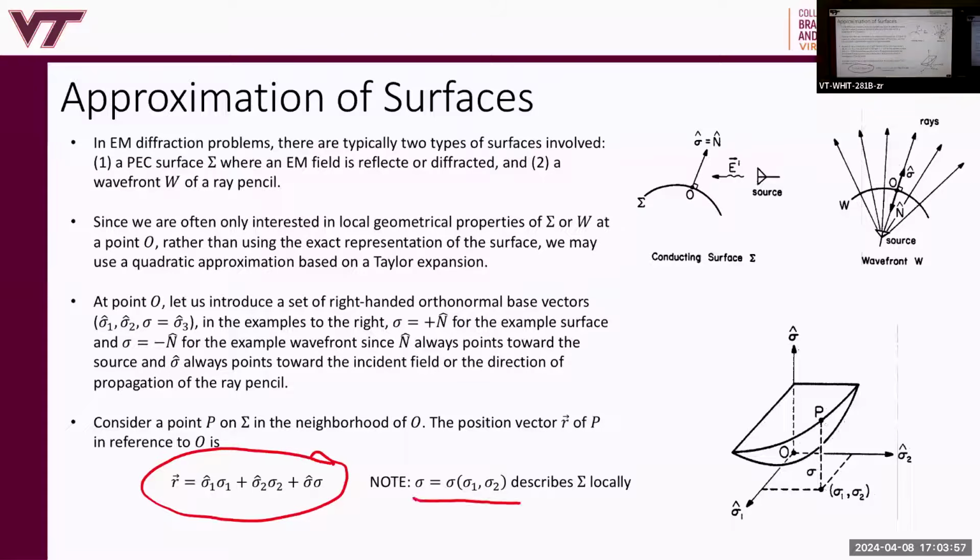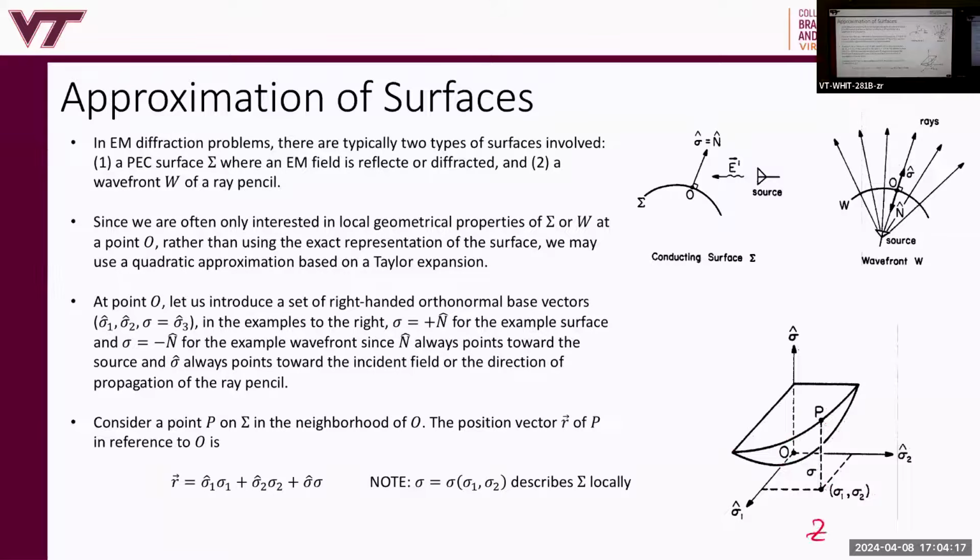The lowercase sigma describes capital sigma locally, right? So sigma is the height. This surface is called sigma. So here's sigma, the height of a point P on the surface, which we're going to approximate locally around the point O using a Taylor series, is a function of sigma 1 and sigma 2, right?